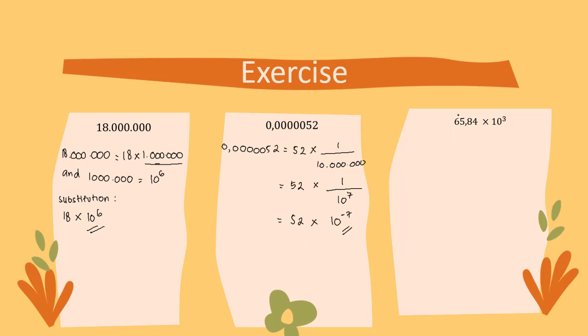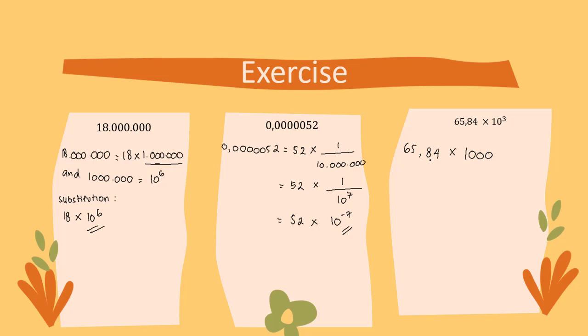And the next, from scientific notation into a number, 65.84 times 10 cubed. So we can write down 65.84 times, because 10 cubed is equal to 1000.